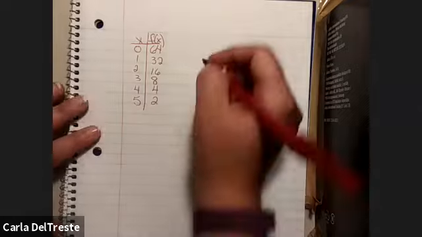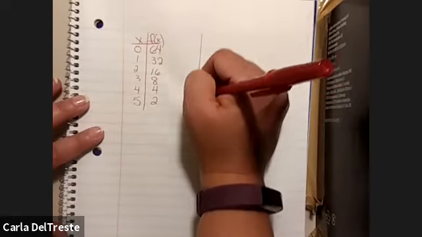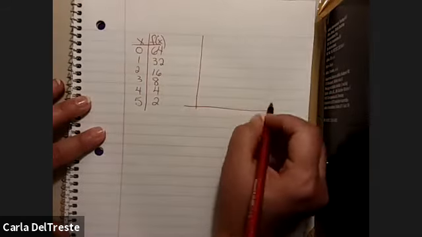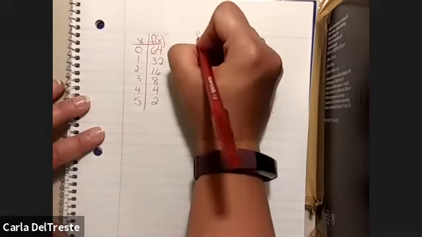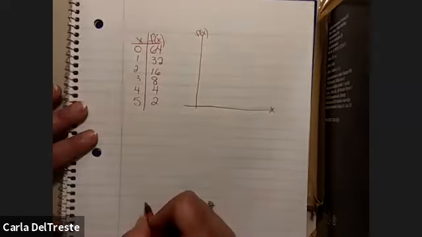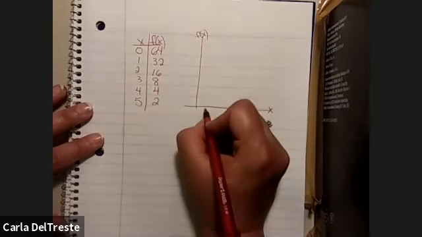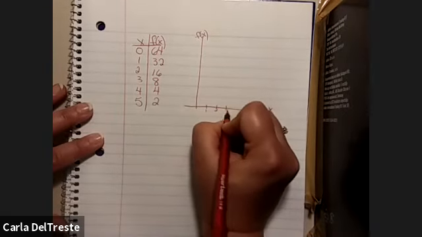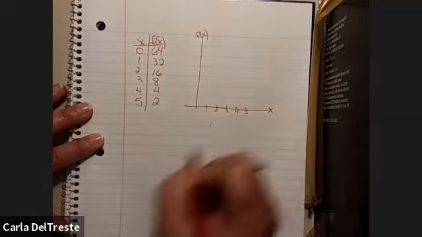Okay? And first, let's make sure that this does, in fact, make the picture that we're thinking it's going to make. So we're going to label. We're going to make our tick marks, counting by 1s. It's the easy part for the x-axis.